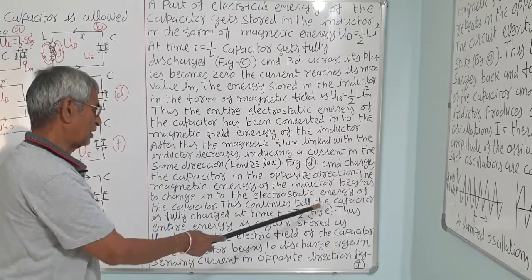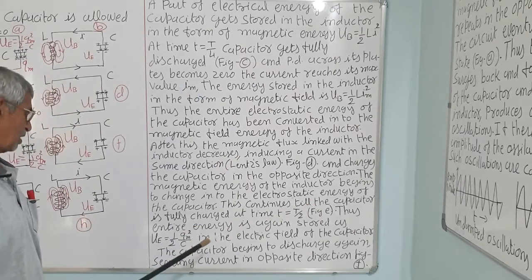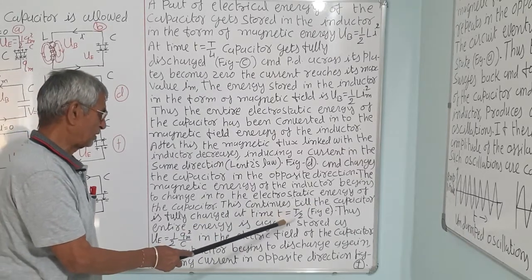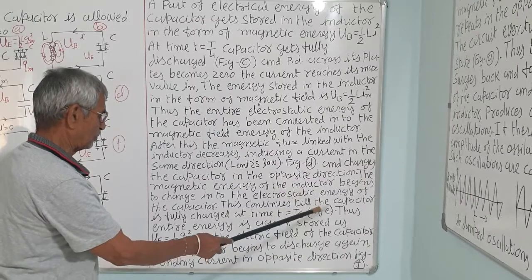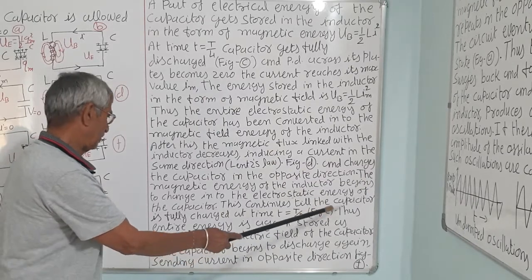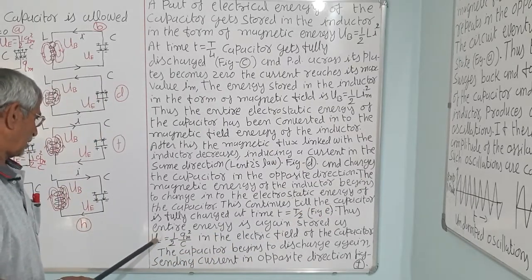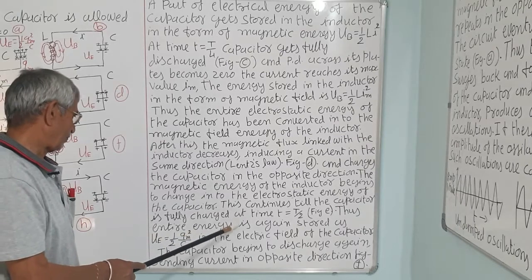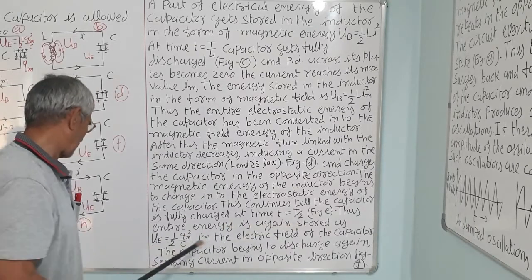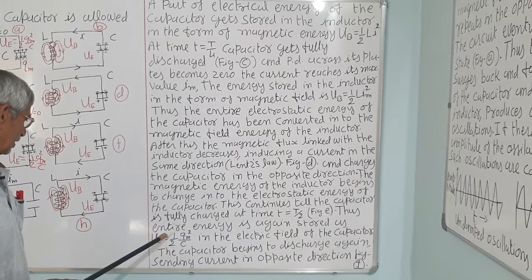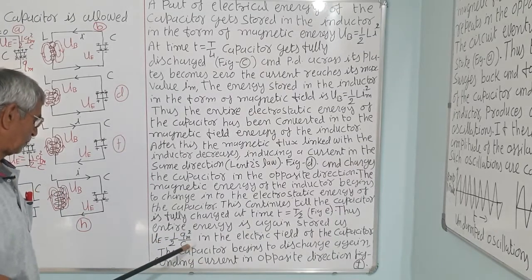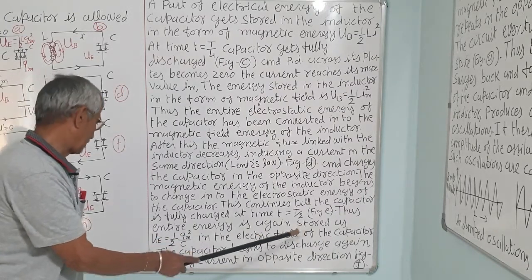This continues till the capacitor is fully charged, at time t equal to T by 2, half cycle, figure E. Thus, the entire energy is again stored as electrical energy, half Qm square by C, in the electric field of the capacitor.